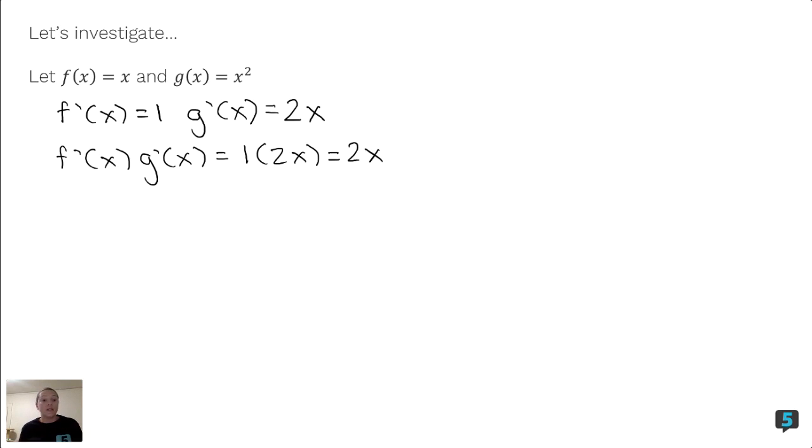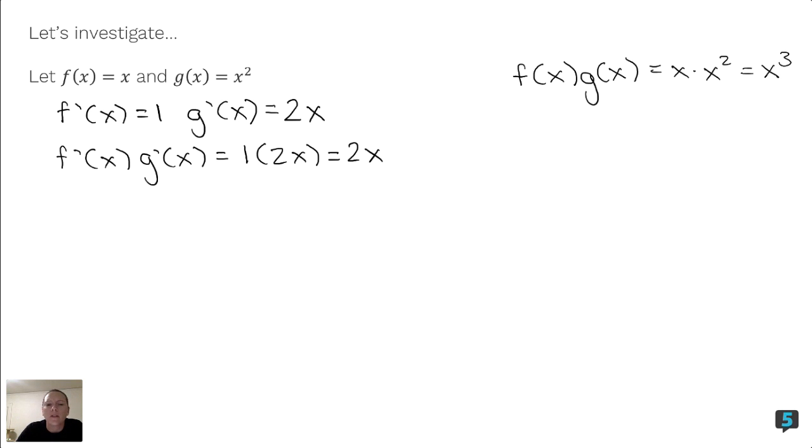Oh, if I need to take the derivative of two products, I'll just find the derivatives and multiply them. But we also know that if I actually multiplied f of x times g of x, according to the laws of exponents, x times x squared would give me x cubed. And what would the derivative of x cubed be?